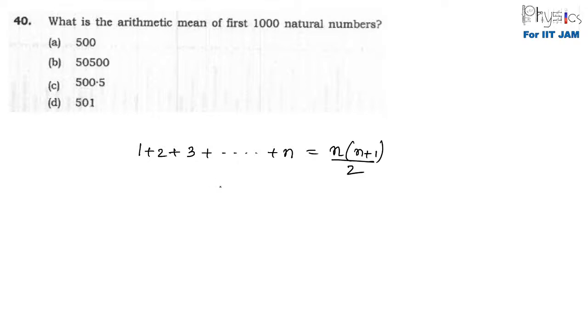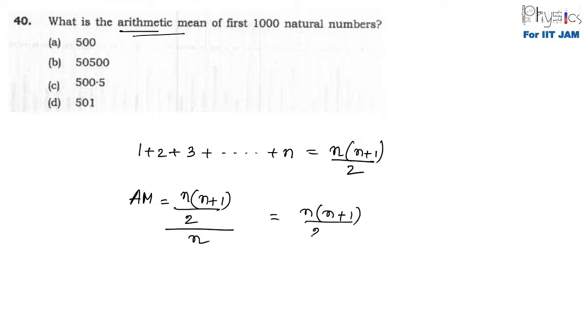And the arithmetic mean of first n natural numbers is equal to n times n plus 1 by 2 by n, right? That means n plus 1 by 2.